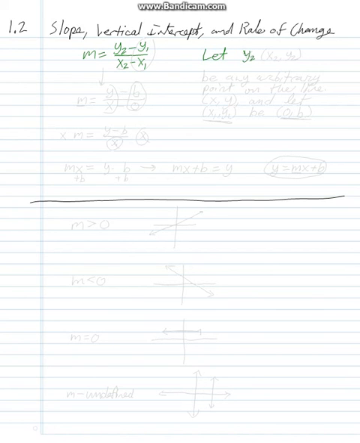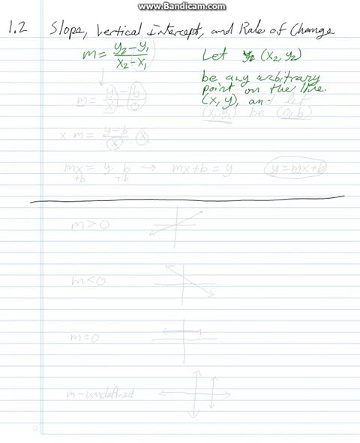Now, if we choose 2 points, if we let x2, y2 be any arbitrary point on the line, we'll call that point (x, y). That's how we generally refer to the general point on the line.